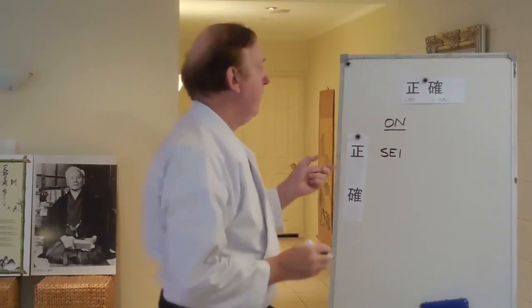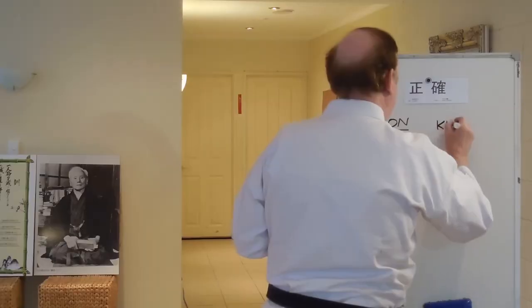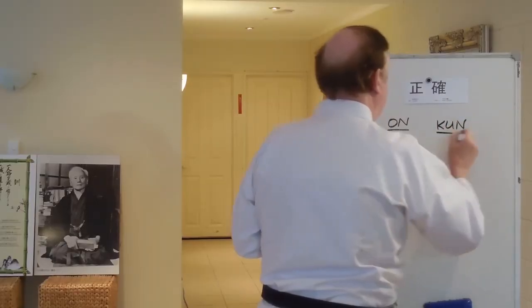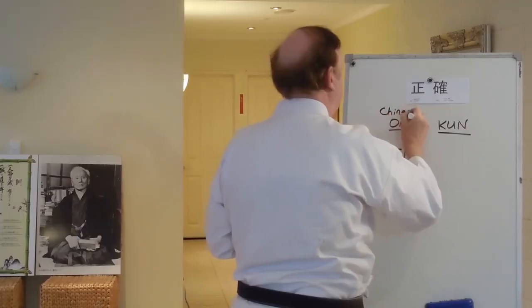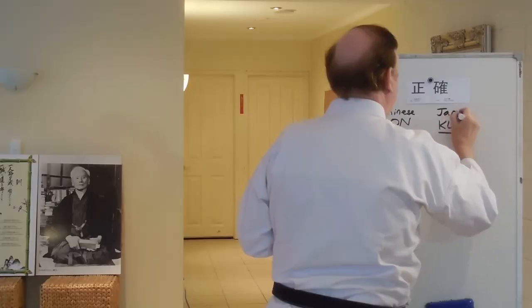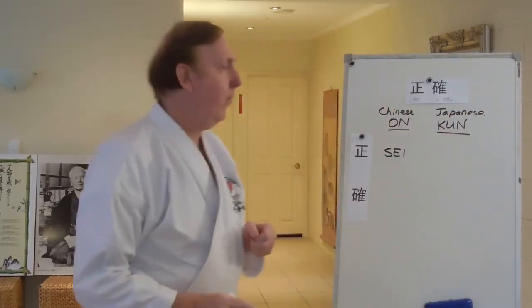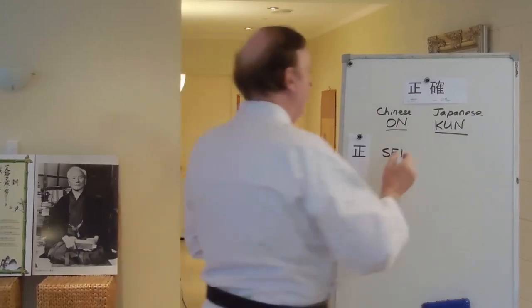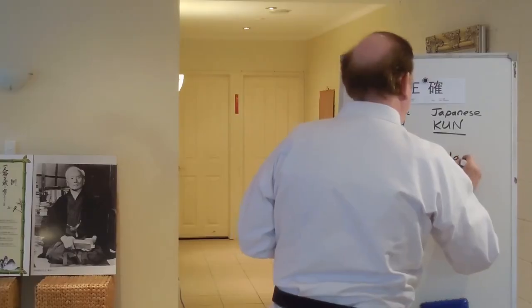And sei transfers if you're going to put that into a kun reading. So this is Chinese, the original Chinese word, and this is the transfer of the word, how the Japanese read it or how they say it. So in Japanese, sei means tadashi.